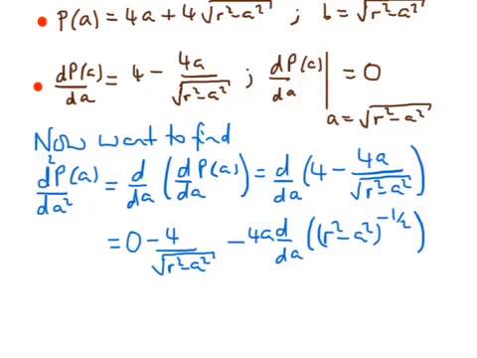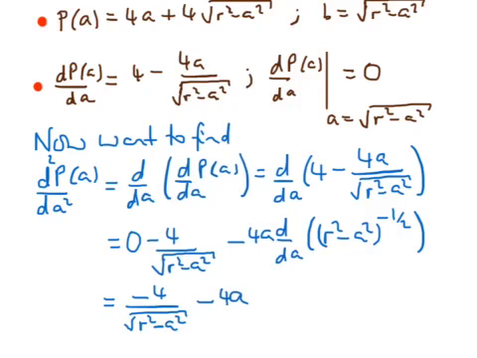And just as on the first slide we can use the chain rule for powers to calculate this, and I'm just going to write out what the answer is. I'll leave it for you as an exercise to check. So we get minus 4 over the square root of r squared minus a squared from the first term. And from the second term, we are going to get another minus sign left. There are going to be 2 more minus signs when we do the calculation.